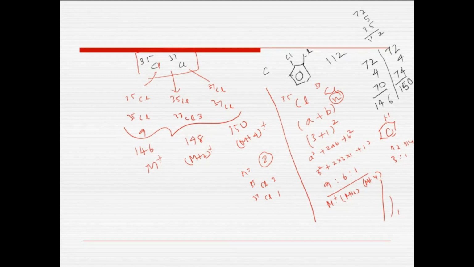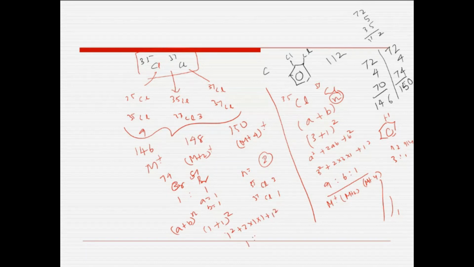Now let's do the same for bromine. Bromine-79 and bromine-81. The intensity ratio is 1:1, that is a equals 1, b equals 1. Same formula: if 2 bromine atoms come, what will the ratio be? (a + b) power 2, so (1 + 1) power 2, which gives 1 square plus 2 into 1 into 1 plus 1 square.